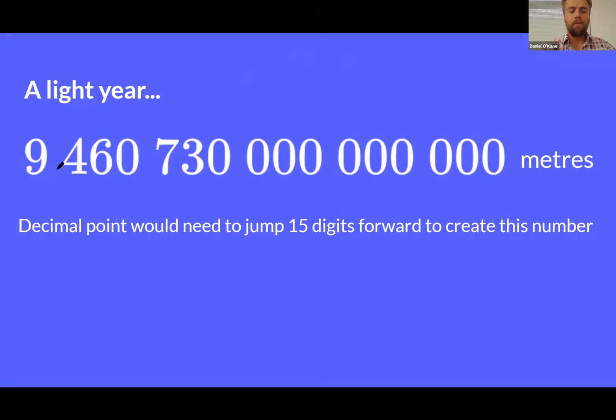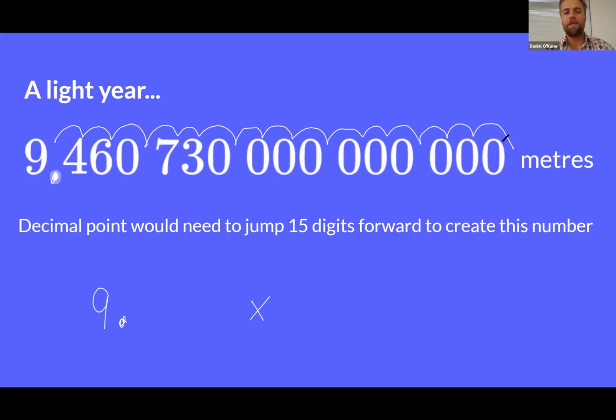So if I had my digit here, okay, and it has to be there, remember, because that number in the front, okay, has to be a number between 0 and 10. So if I go 9 point, and now I jump this forward, 1, 2, 3, 4, 5, 6, 7, 8, 9, 10, 11, 12, 13, 14, 15. I've made 15 jumps forward to create this number.